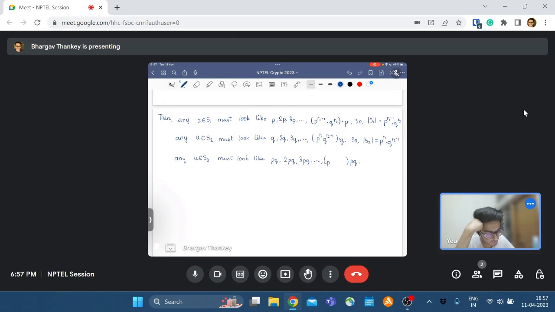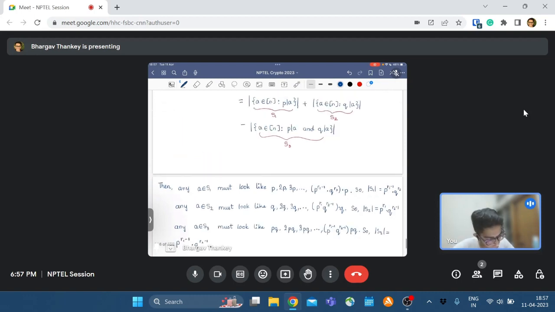It can go on till P to the R1 minus 1 times Q to the R2 minus 1, because this product is exactly n, right? So the size of S3 is equal to this. Okay, let me call this 3.